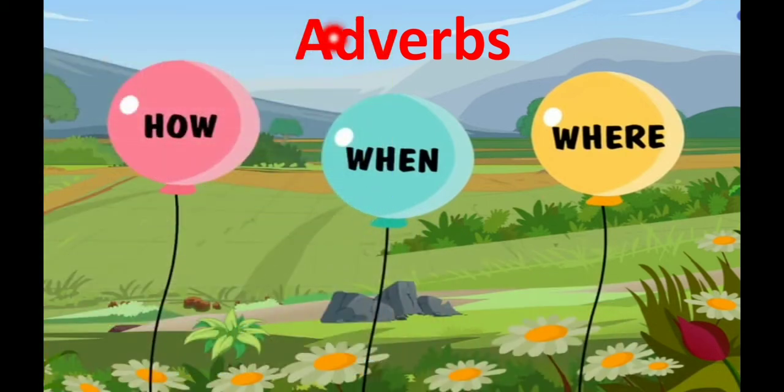So, adverbs describe three things about the verb: how, when, and where. Adverbs describe how the action is done, when the action is done, and where the action is done.